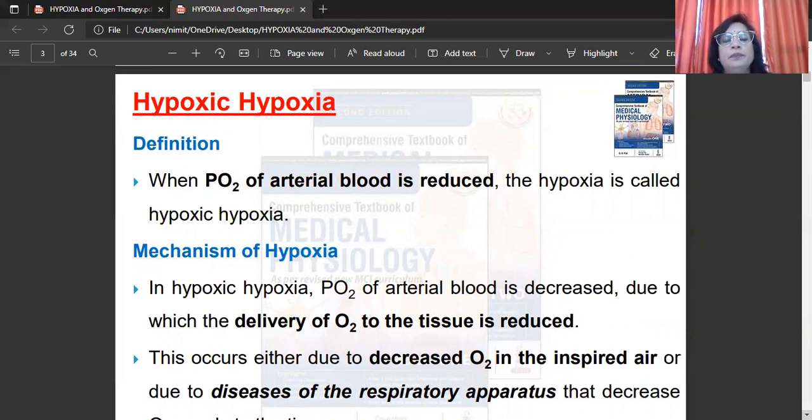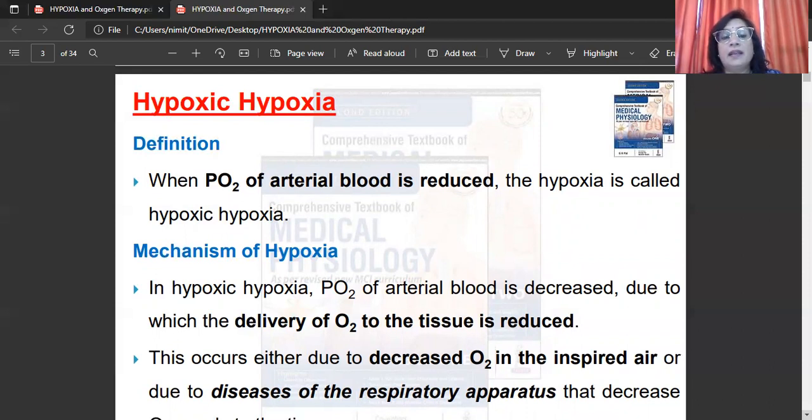When the partial pressure of oxygen of the arterial blood, remember it, arterial blood, is reduced, the hypoxia is called hypoxic hypoxia. So very important, you have to note that when PO2 of arterial blood is reduced, then we will label it as hypoxic hypoxia.